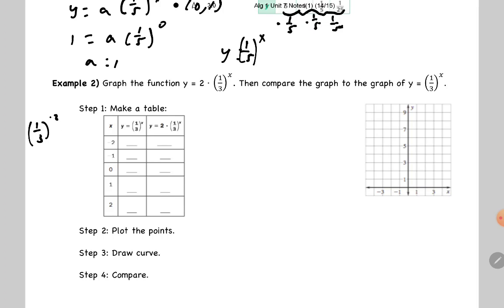Since we're dealing with a negative exponent, we flip things around and we get 3 to the +2. So that's 9. 1/3 to the -1 is 3 to the +1, so 3. Anything to the 0th power is 1. And then we'll get 1/3 and 1/9.